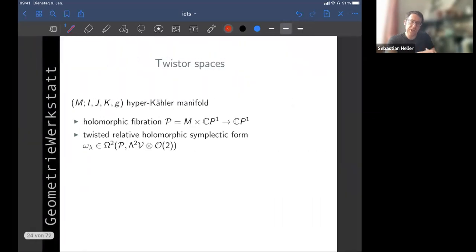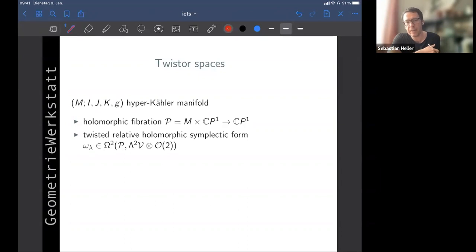And we have additional data which can be used to recover the remaining metric. For example, there's some kind of so-called twisted relative holomorphic symplectic form. It's a holomorphic section in a certain bundle which gives you a symplectic form on all the fibers of this fibration.